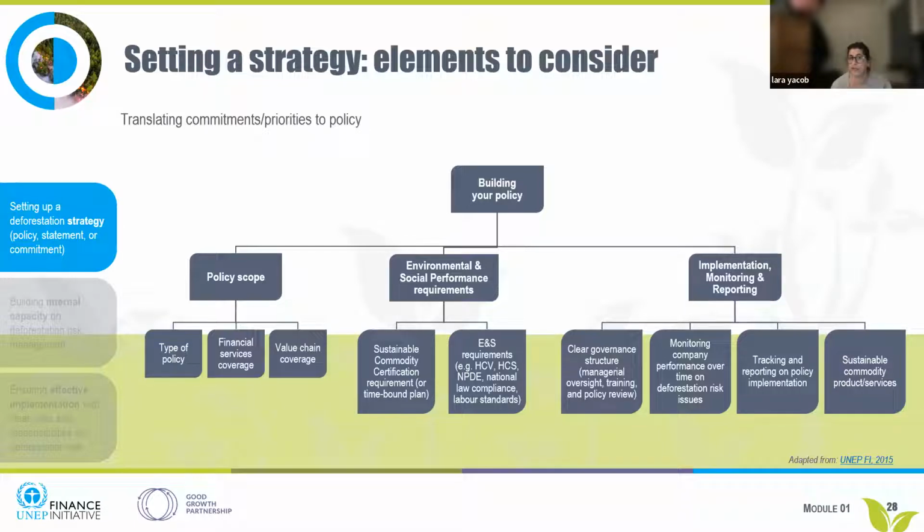Who is going to monitor it, who's going to implement it? And then we get to the criteria, which are really critical, but they need to be implementable by financial entities. So oftentimes banks spend a lot of time looking at the environmental and social performance requirements when setting up a strategy. Next slide, please.